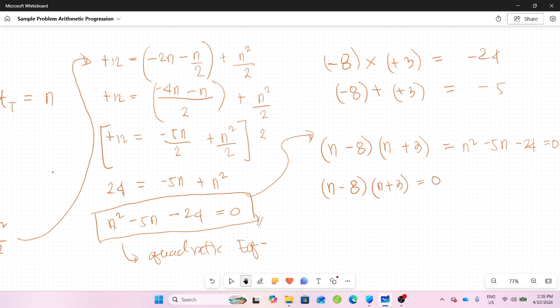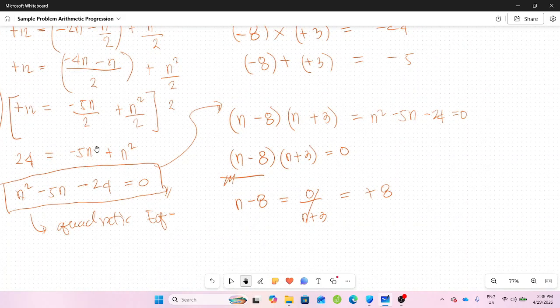Now solve for n. Our first value should be n minus 8 equals 0, so we get n equals positive 8.